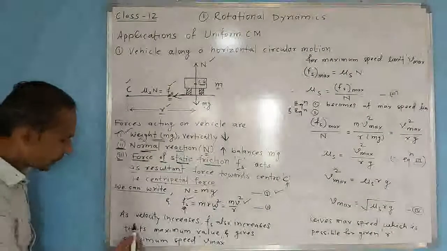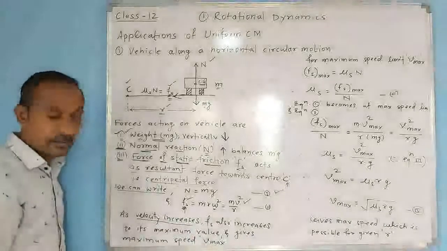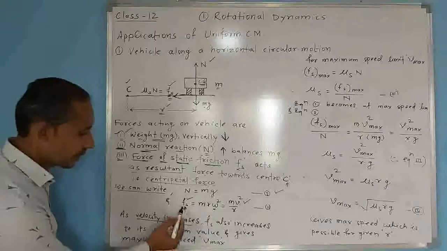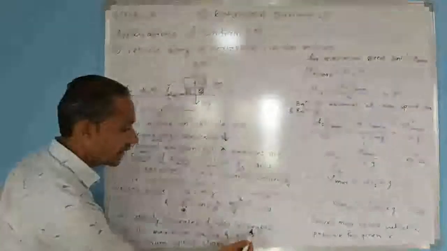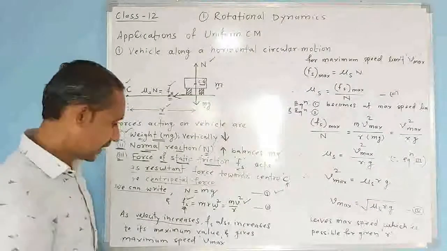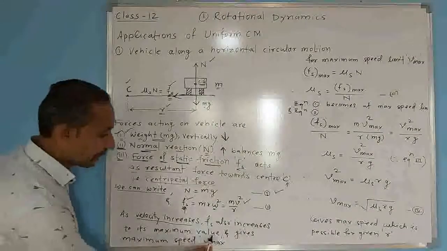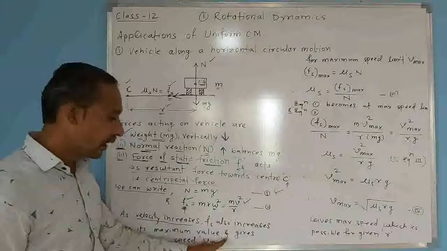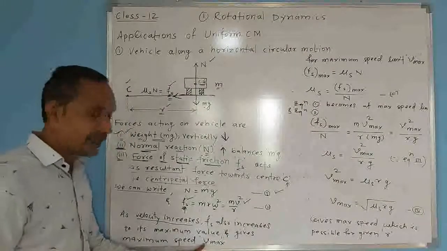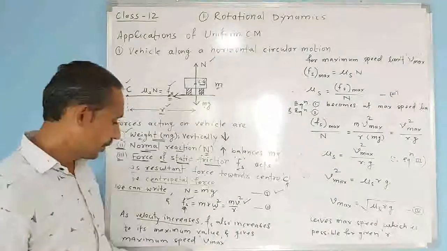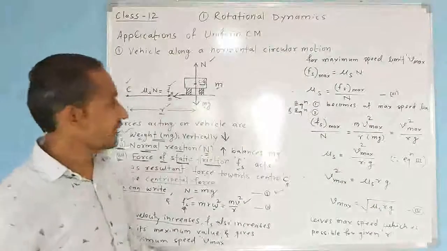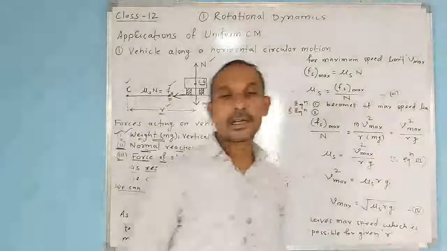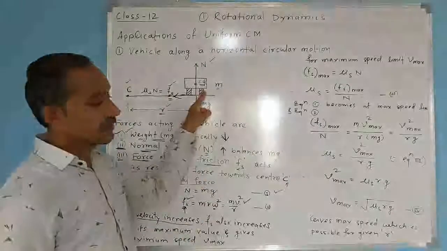As V increases, Fs also increases to its maximum value, and this gives the maximum speed limit, Vmax. So for the maximum speed limit Vmax, let's see.